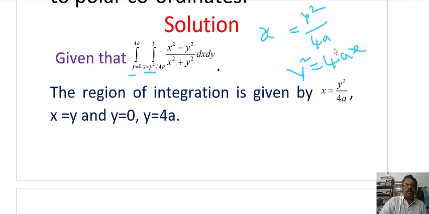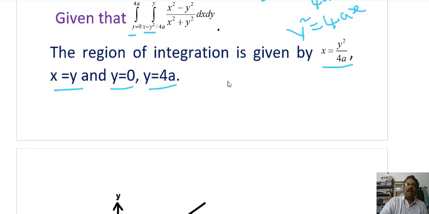It is a parabola. x equals to y, y equals to x is a straight line, and the y limits are 0 to 4a. So the region is bounded by x equals to y square by 4a and x equals to y, and y equals to 0, y equals to 4a.